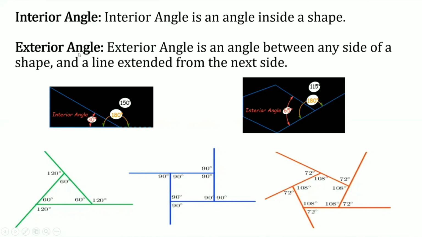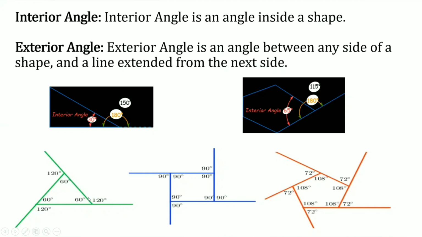So the exterior angle of a polygon is an angle between any side of a shape and a line extended from the next side. Here in this diagram, it is more clear that this 60 degree is the interior angle, and if you extend this side outside, then this 120 degree will become the exterior angle.